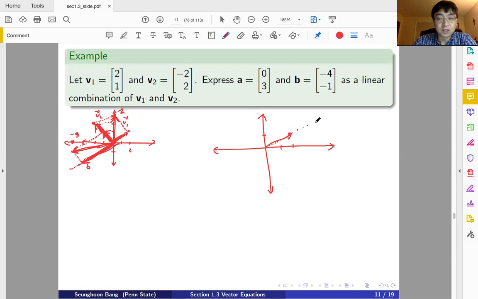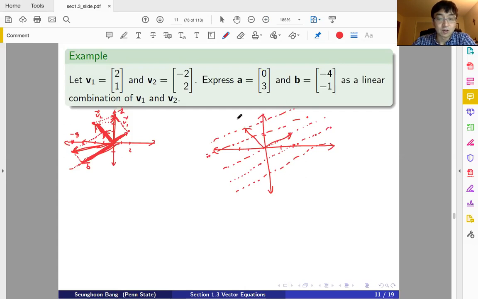You can extend this v1 and draw a lot of parallel lines passing through here, like this. The next is vector v2, exactly (-2, 2). So we have this one.